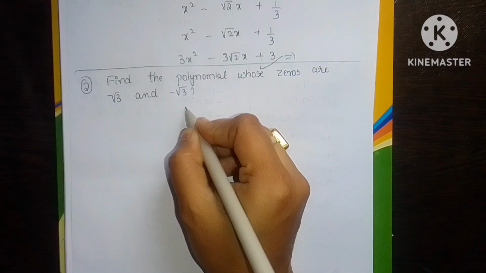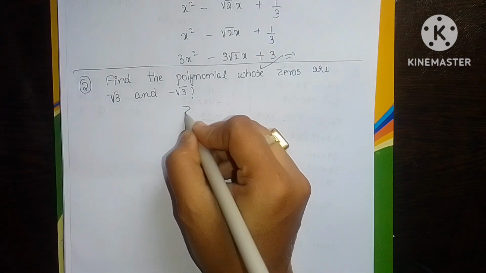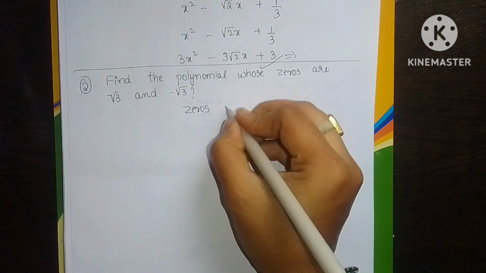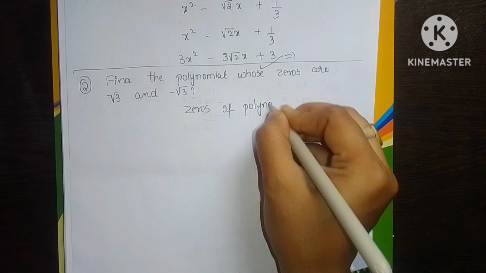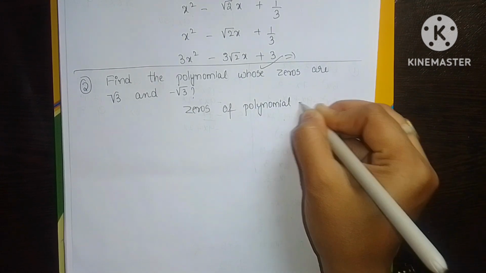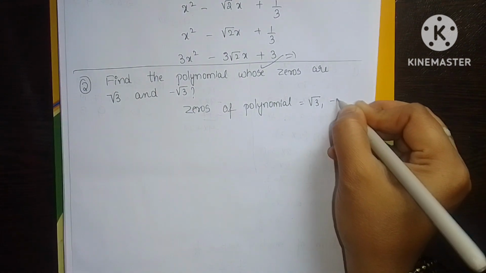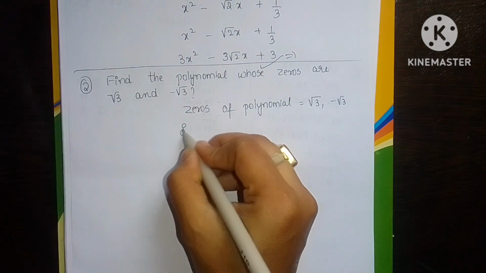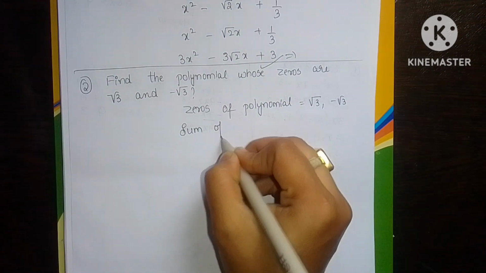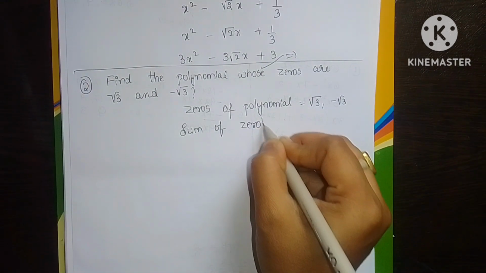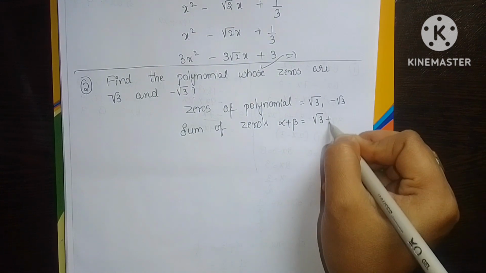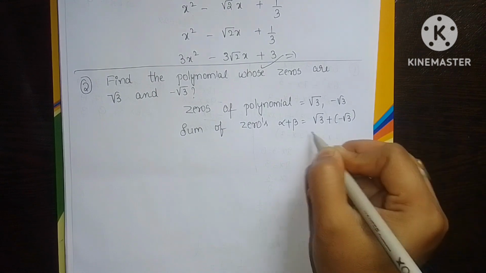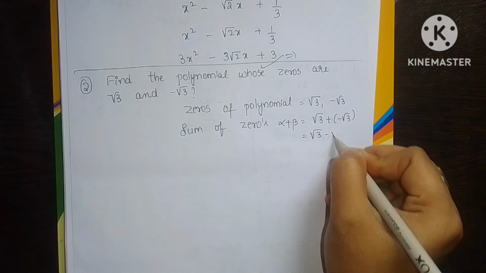Next, find the polynomial whose zeros are root 3 and minus root 3. So they have given the zeros of the polynomial as root 3 and minus root 3. So the sum of the zeros, alpha plus beta, means root 3 plus minus root 3.